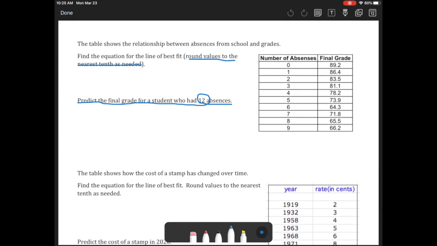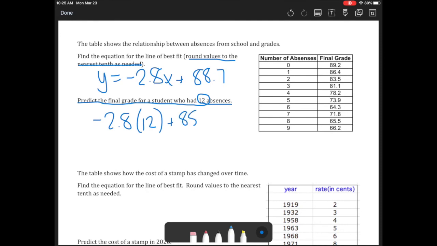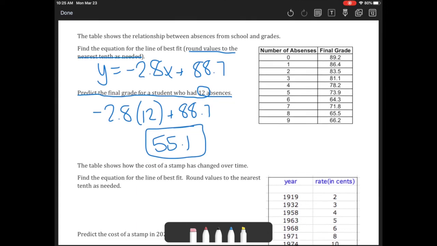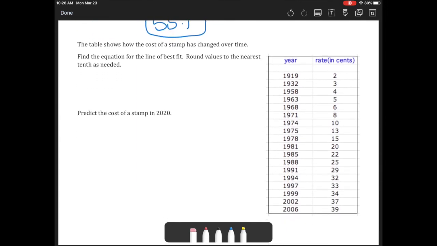So our equation would be y equals negative 2.8x plus 88.7. And when we substituted 12, we got 55.1. Okay. Same thing for this one.